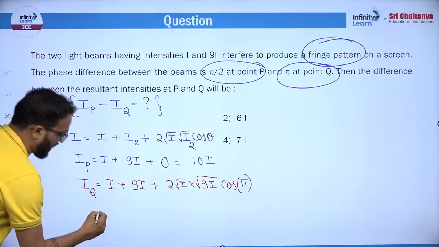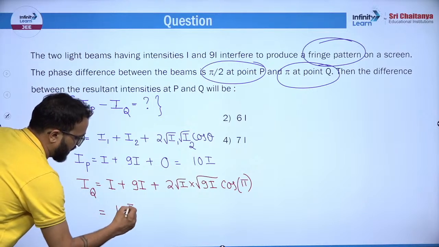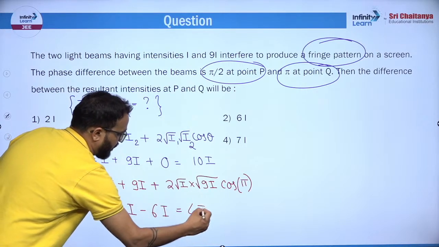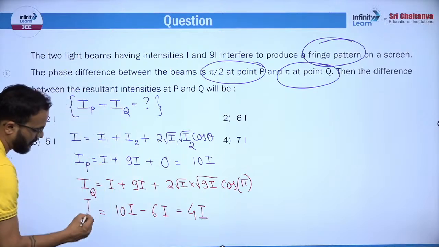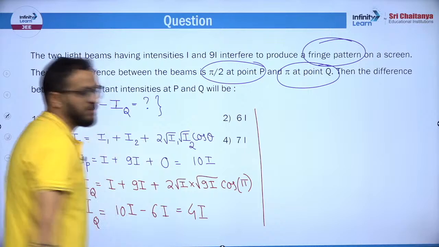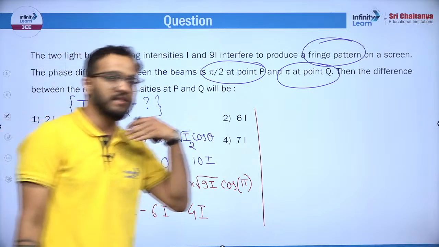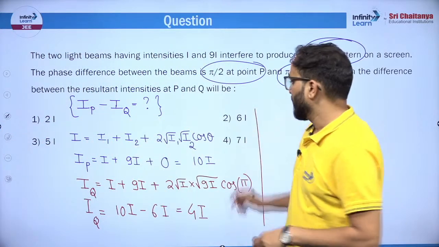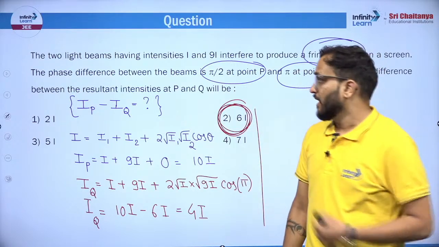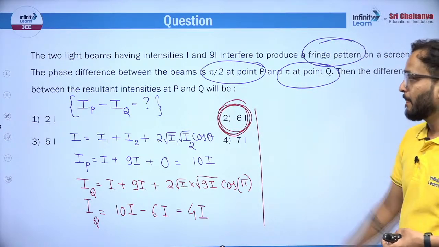So it will be somewhat like this, 10I minus 6I, answer is 4I. So this is I_Q. Now what they need is I_P minus I_Q, 10I minus 4I. Your answer will be 6I. Did you understand this? Isn't it very easy and very simple?